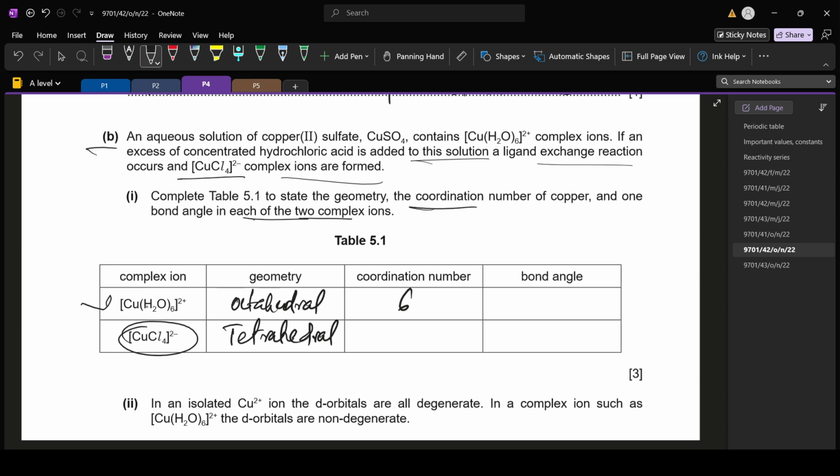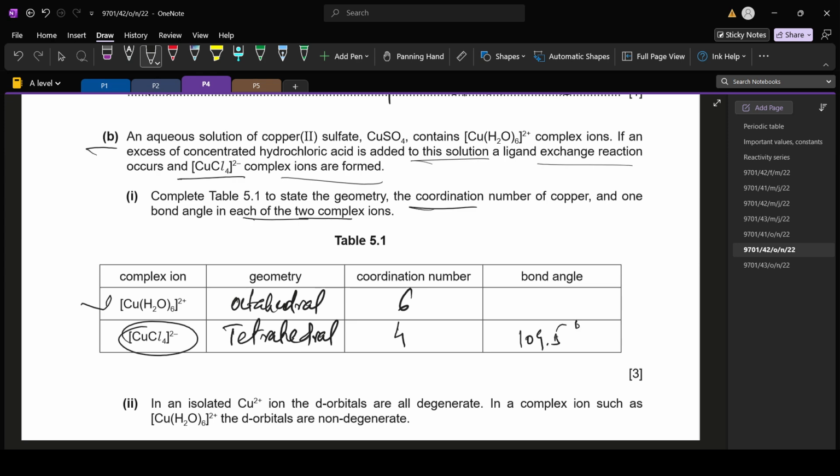They will donate their single lone pair of electrons. And the chloride ions are also monodentate ligands, so the coordination number will be 4.